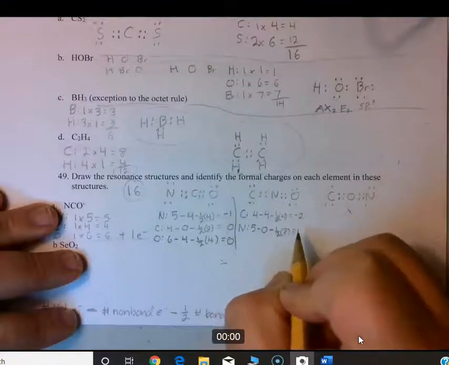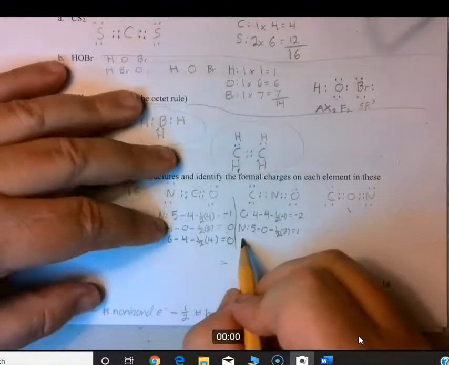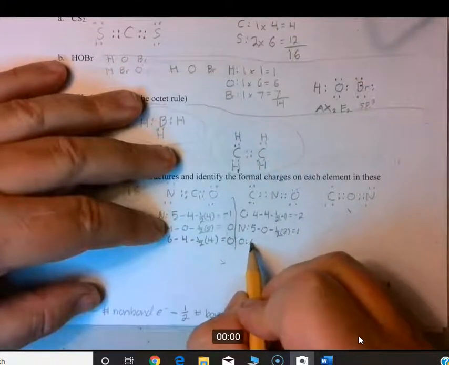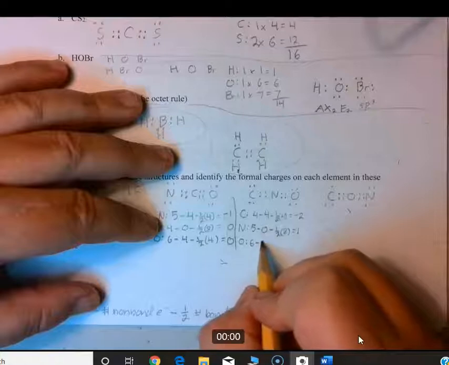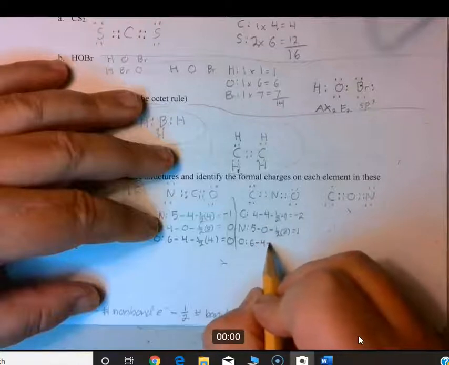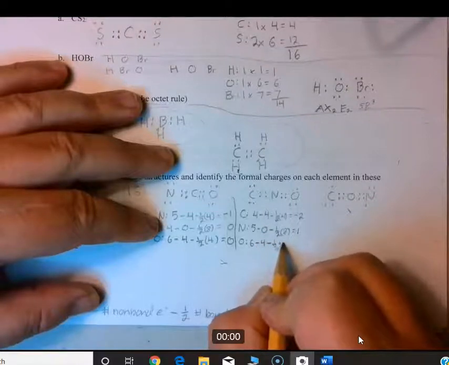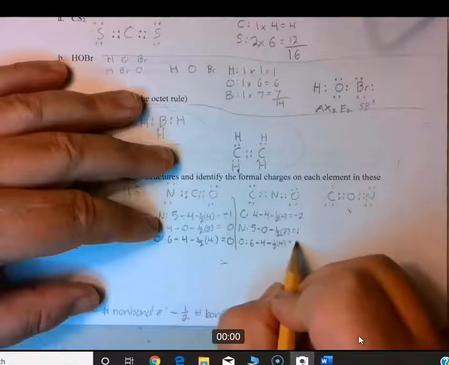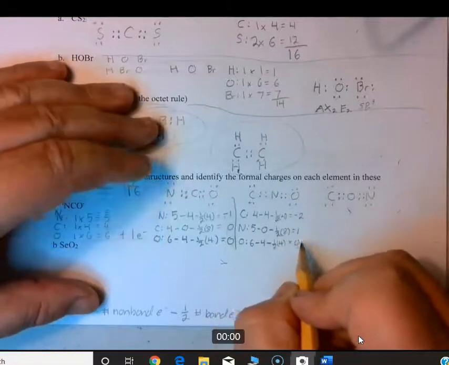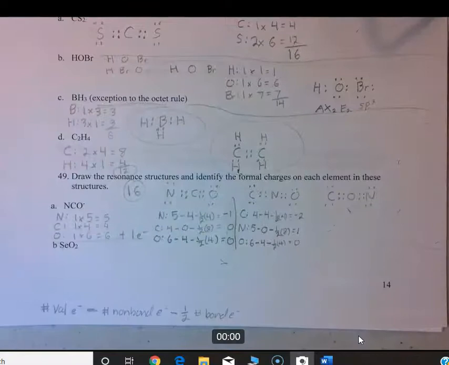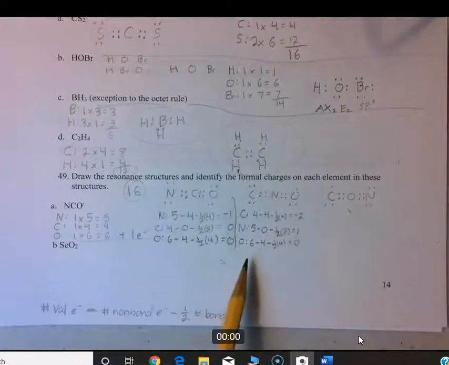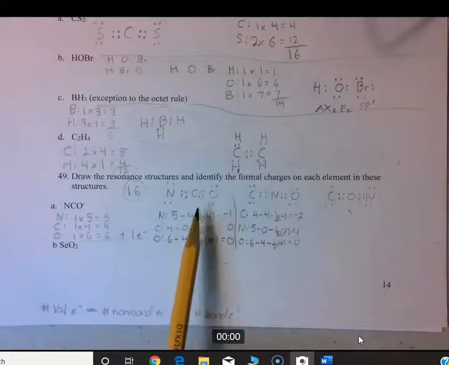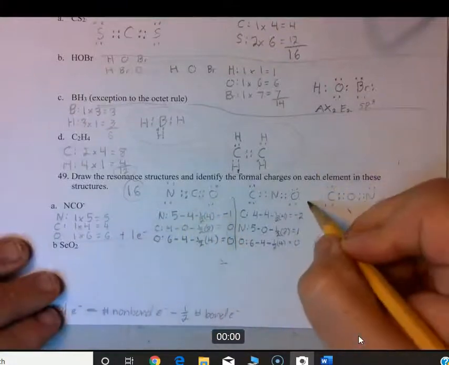That's going to equal 1. And then oxygen is 6 minus 4 non-bonding minus 1/2 of 4 bonding, which is going to equal 0. So this also adds up to -1. You can see this is less desirable because the numbers are farther away from 0 than this one. So far this one is the one we're looking at.